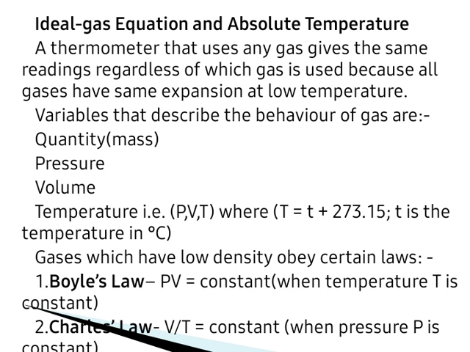The product of pressure and volume of fixed mass of gas at a constant temperature is a constant. And according to Charles' law, V by T is a constant when P is constant. That is, ratio of volume of fixed mass of gas to absolute temperature is a constant when pressure P is constant.